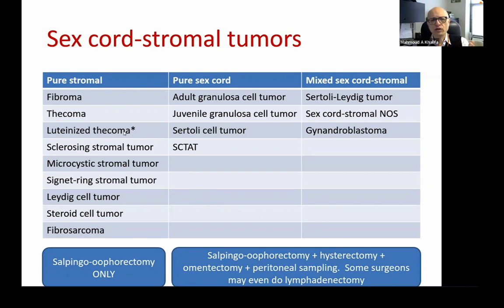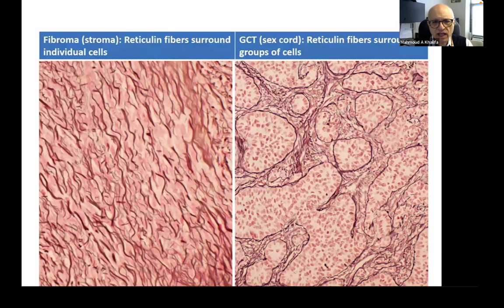And the morphology is supposed to be simple, but nothing in life is simple. When you study these tumors first, you think, of course I can tell the difference between them. No, you can't, because there are many gray areas. The one stain that I found useful is reticulin stain, because reticulin in fibromas and stroma surrounds individual cells, but in sex cord tumors, it surrounds groups of cells, as in this granulosa cell.